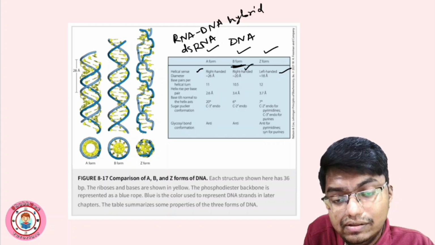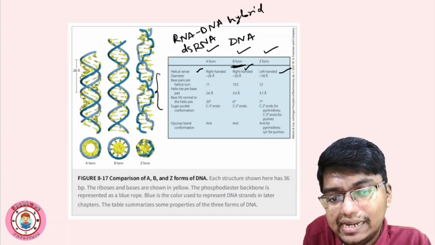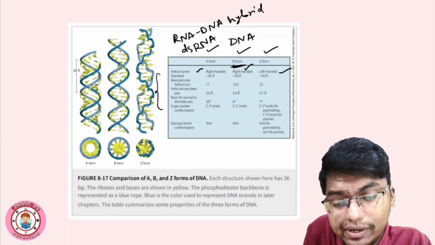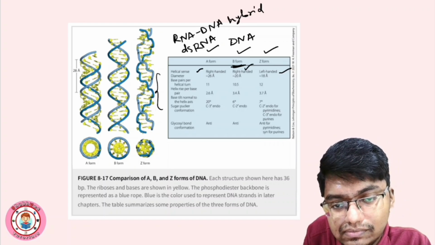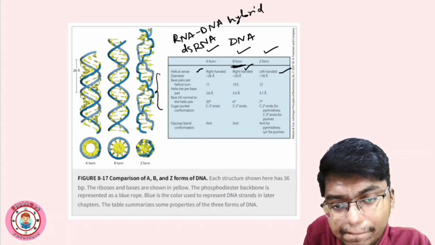Only the Z form has a left-handed structure, right? See the differences: base pairs, then slight variations in diameter, base pairs per helical turn, and helix rise per base pair.